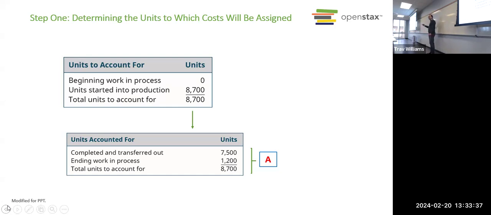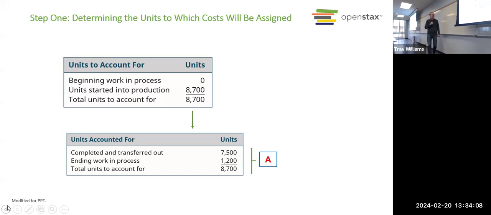They started making 8,700 pairs, and so that is the total they needed to account for this period. Now compare that down here. They completed 7,500 units. They still have 1,200 in process, and that also equals 8,700. So it's really two ways of looking at the same thing.